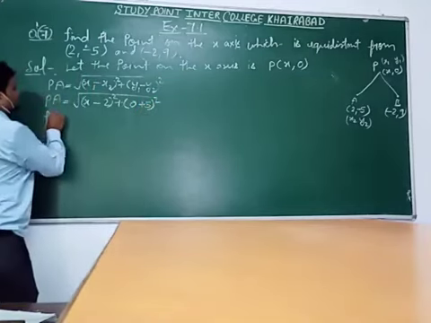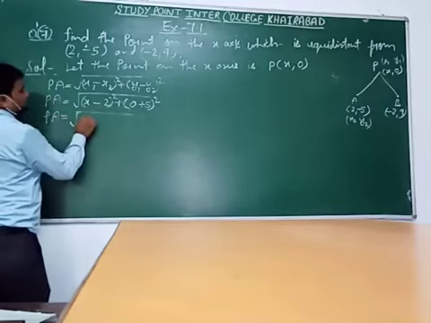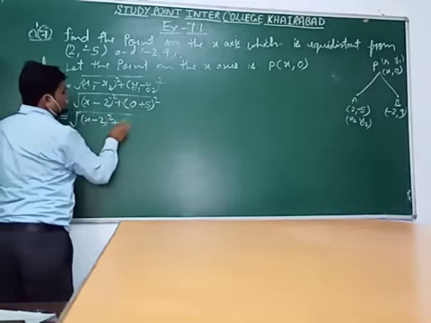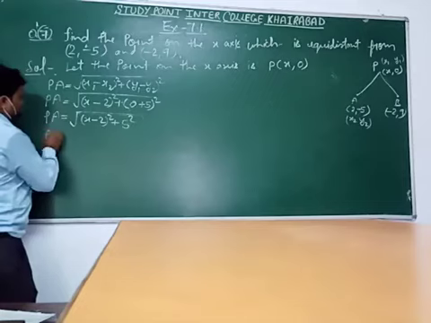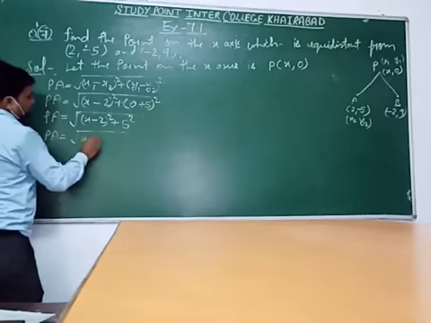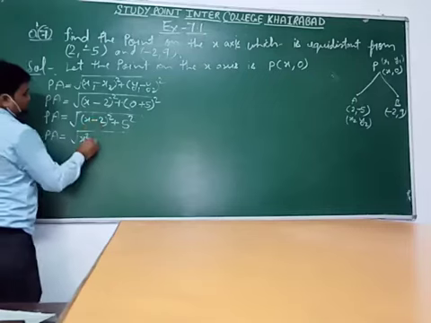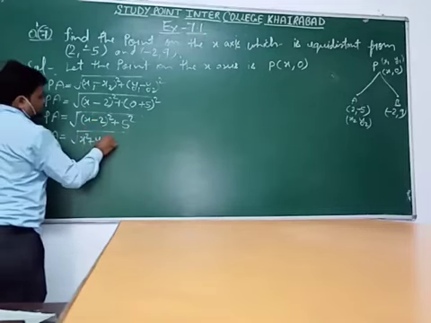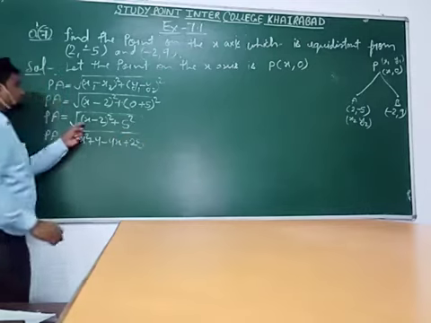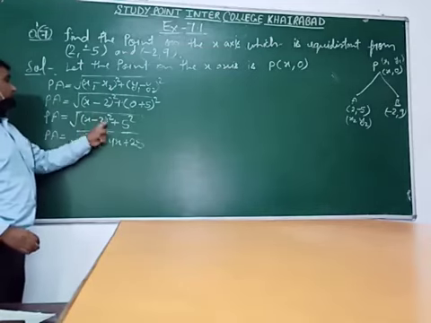So PA equals under root (x minus 2) whole square plus (0 plus 5) square. (x minus 2) whole square is x square plus 4 minus 4x, applying (a minus b) whole square equals a square plus b square minus 2ab.